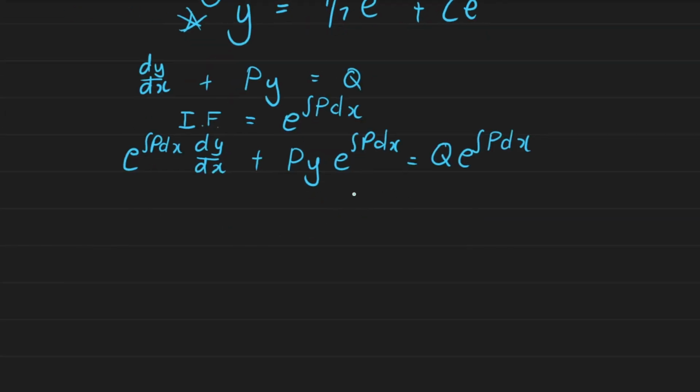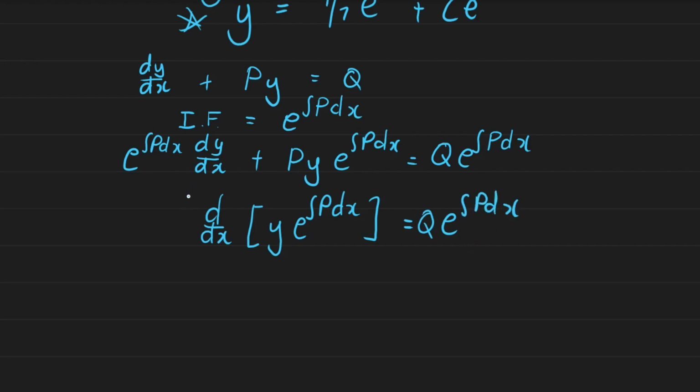This left-hand side is simply the derivative with respect to x of y times e to the power of the integral of p dx, and this is equal to q times e to the power integral p dx.